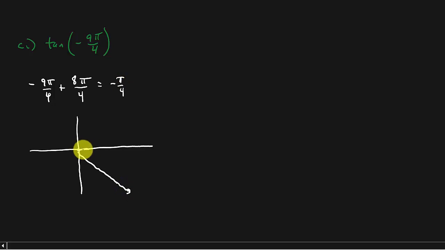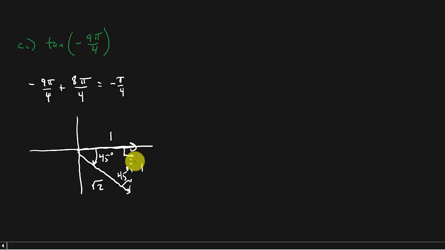If I have an angle in standard position and my angle's negative, I just rotate clockwise. I know this angle here is pi over 4, which is 45 degrees. So there's my 45, 45, 90 triangle, and I've got 1, 1, square root of 2.